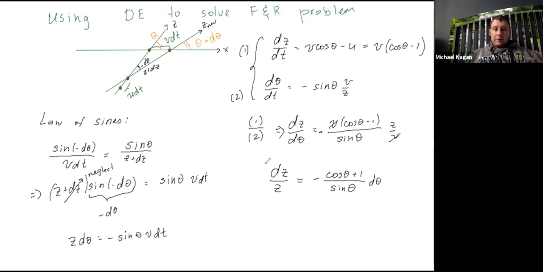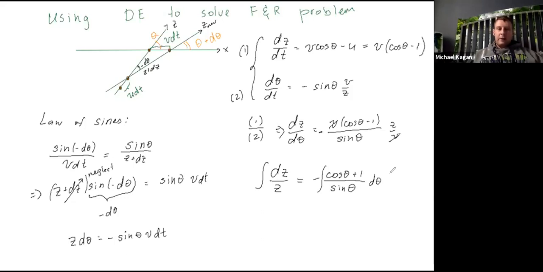Now technically you could just integrate both sides. 1 over z, the other one over theta, and that will give you some kind of answer, right? General solution to that differential equation. But you may probably be hesitant about integrating 1 over sine theta. So there is a nice trick for this particular combo.